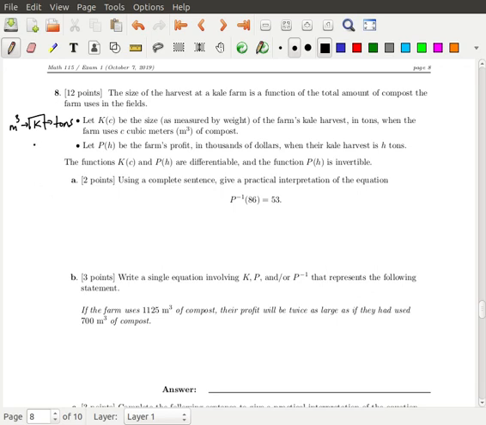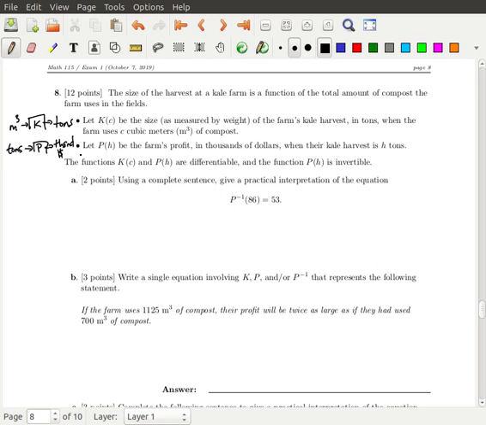Let P of H be the farm's profit in thousands of dollars, $1,000, when the kale harvest is H tons. So these functions can be composed together because I can take meters cubed, get tons, then take tons, and get thousands of dollars. That's just a random point that I wanted to note.